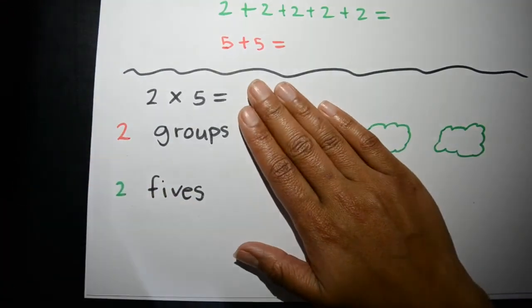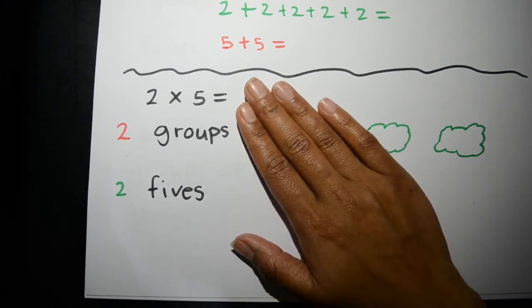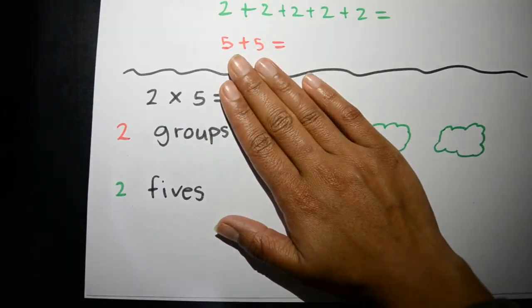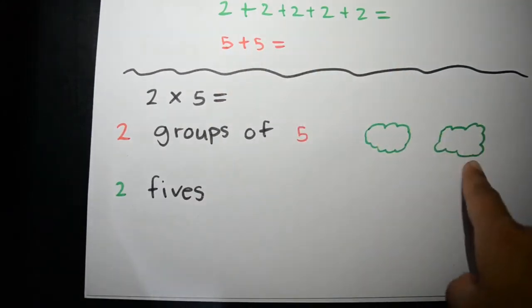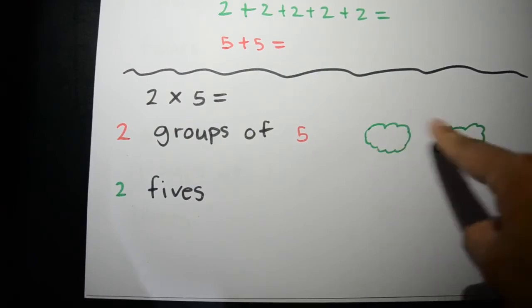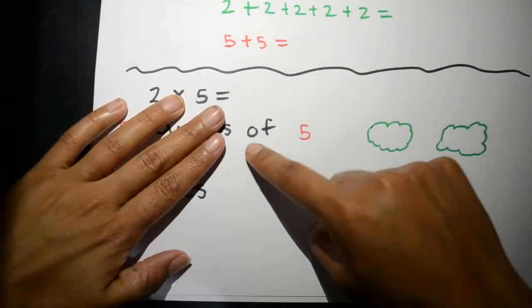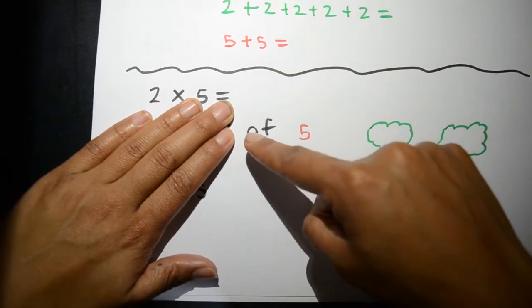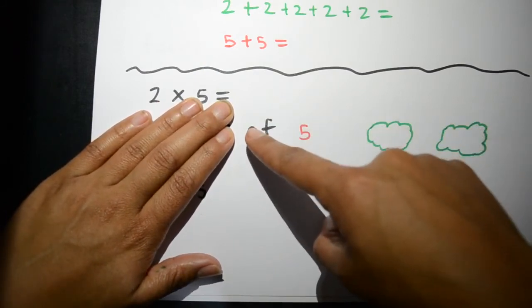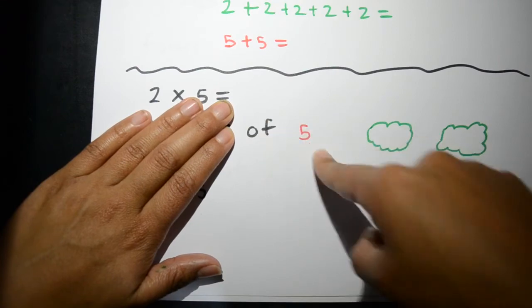So the first thing you want to do, when you look at a sum like this, is try and find your groups. So here are 2 groups. There's one group and there's another group. Now of 5 just means inside the groups, how many are there? There are 5.